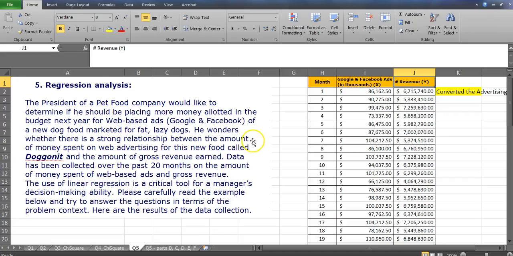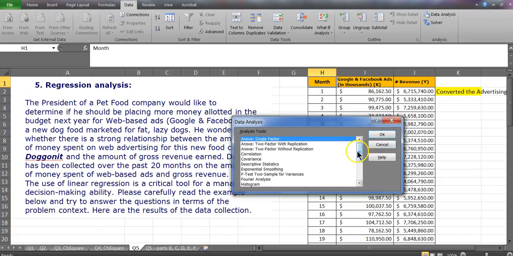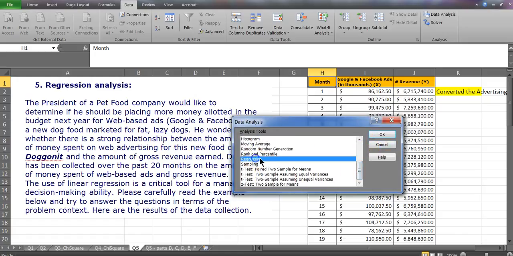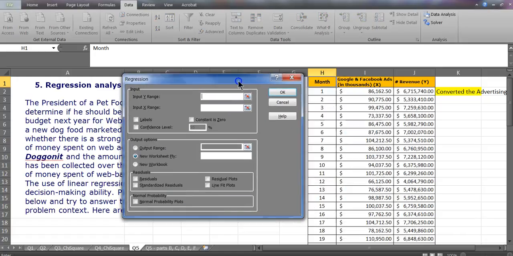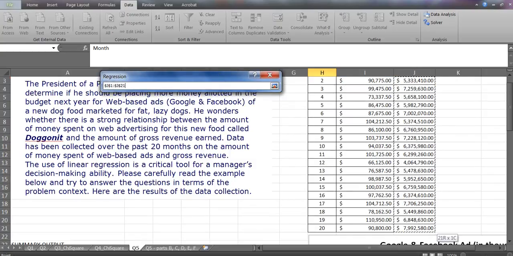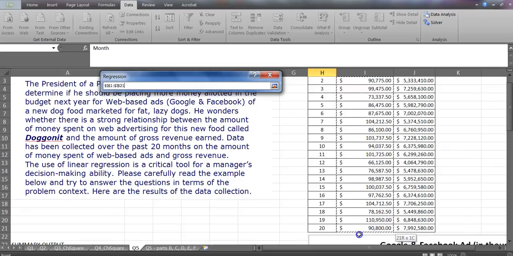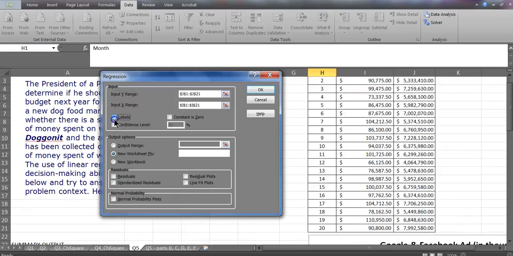So to run the regression, very easy. You got your data here. You go to your data tab, data analysis, scroll down to regression, click OK, and it asks you, what is your Y data? Well, we know our Y data is right here, so you just select it and put it there, and then it asks us what is our X data, and you go in there and you select it, and we have labels.